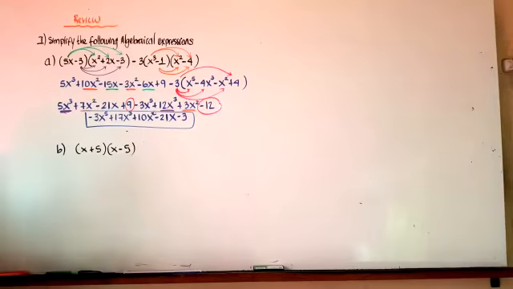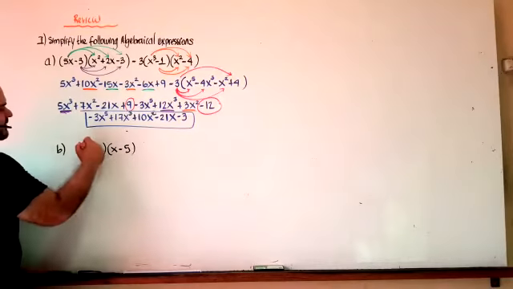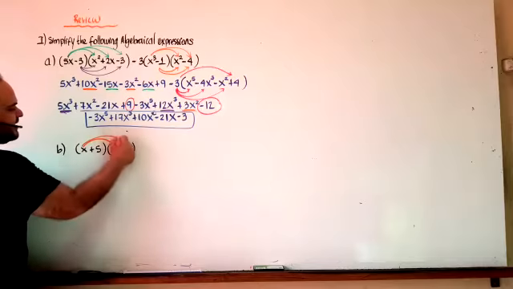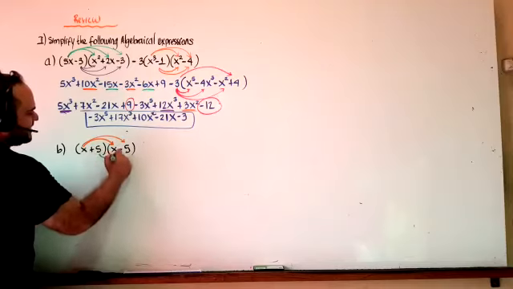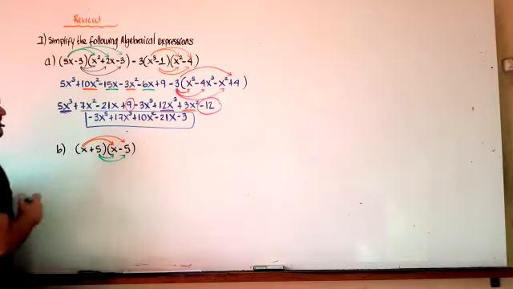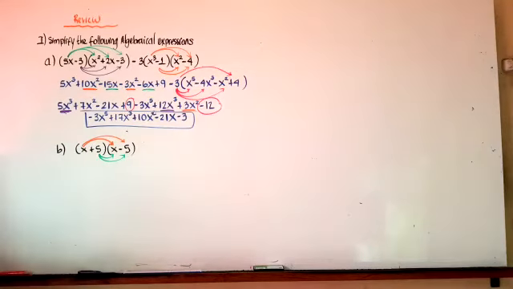So what we have to do, simple, we apply the distributive property once again: x times x, x times negative 5, and also 5 times x and 5 times negative 5.